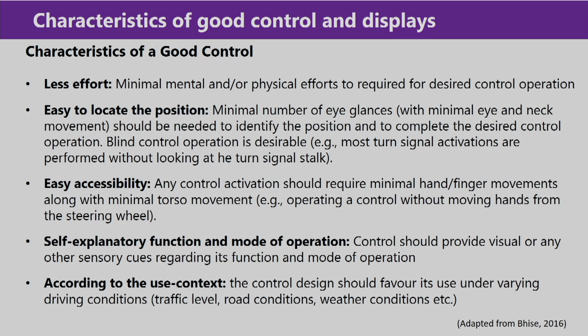According to the use context, the control design should favor its use under varying conditions, for example, traffic level, road condition, weather condition. If the illumination level is low or it is raining, in all these scenarios also the control identification and control operation should be easy. So, those aspects we need to consider to make a control a good one.